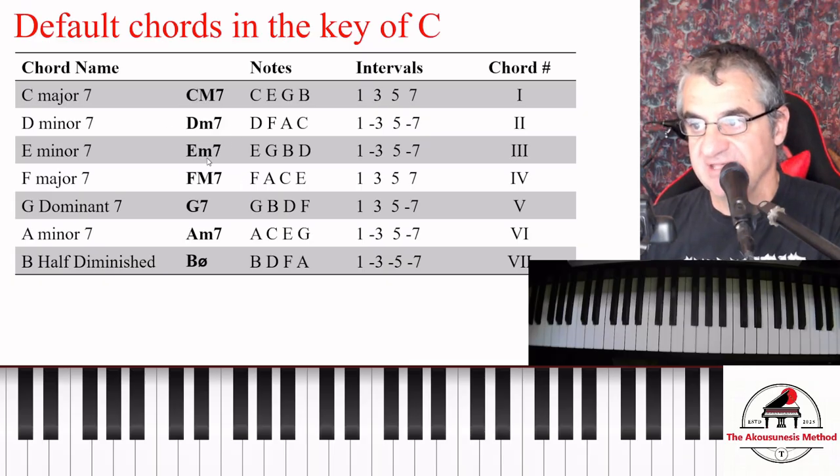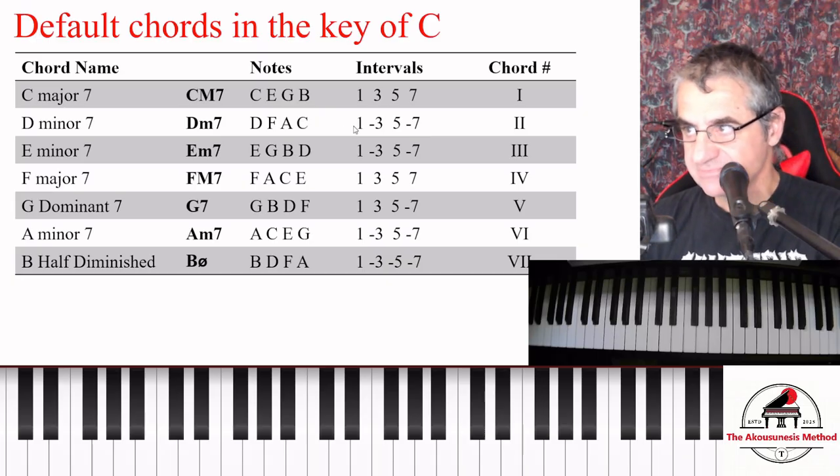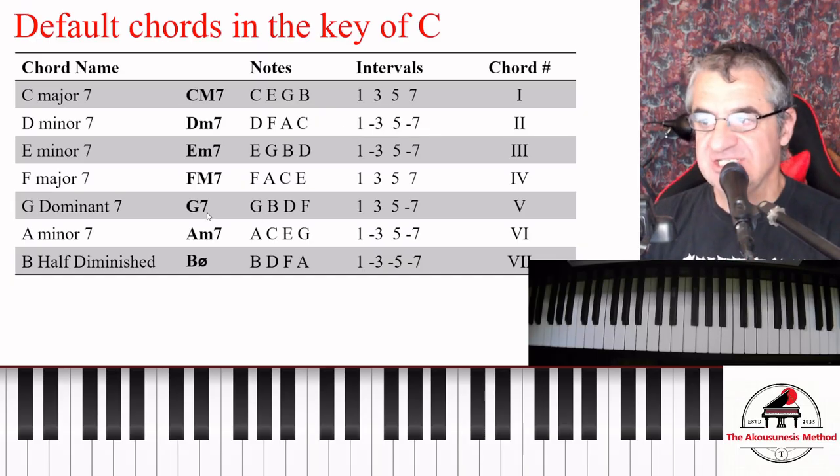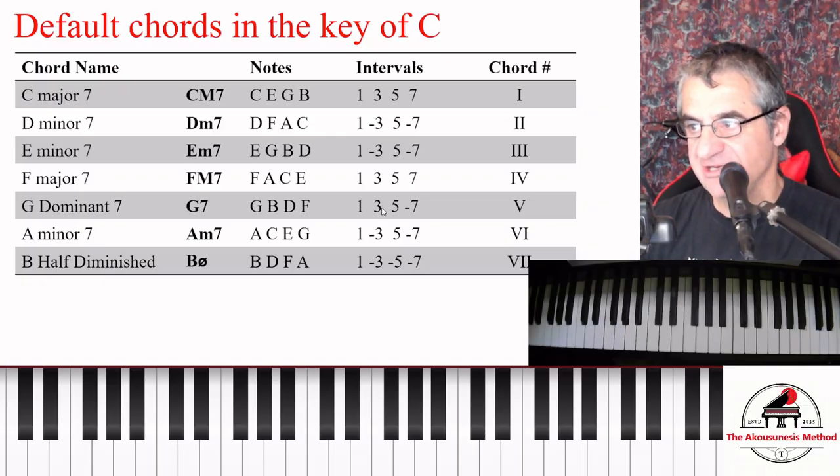The D minor 7th, E minor 7th, and A minor 7th have the same character, and hence the formula is the same. 1, minus 3, 5, minus 7. The G7 stands on its own, and it's a major triad with a minor 7th, and the diminished is a diminished with a minor 5, with a minor 3rd, and a minor 7th, all minus there.